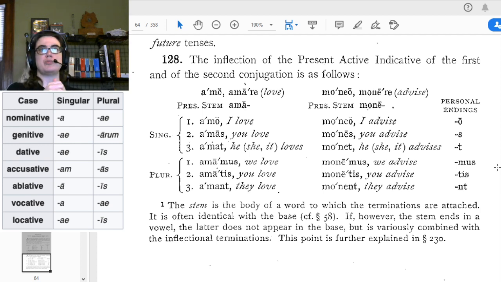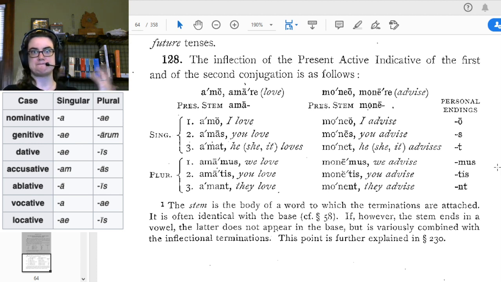The same with moneo. I advise. Moneo, because it's a long E, it retains the E, which is what I mentioned before, how you can tell the difference between the second and the third conjugation if you don't have the long mark to help you out. Moneo, and then mones, monet, monemus, monetis, monent.